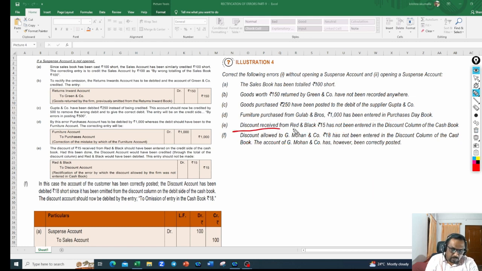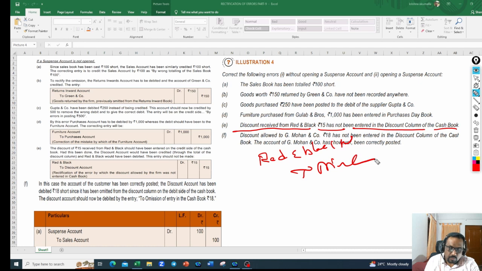Next, discount received from Red and Black, 15, has not been entered in the discount column of the cash book. This I already explained. I don't want to repeat again and bore you. So this 15 rupees, what entry did I suggest previously? Red and Black debit and to discount account. The same entry you need to post here as well, since it has impact on two accounts: Red and Black is debited and discount is credited.